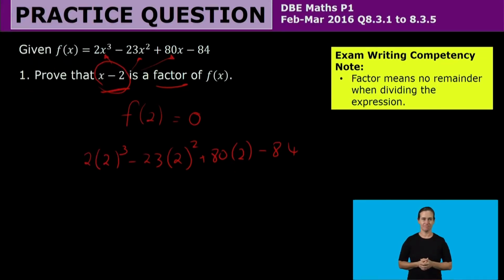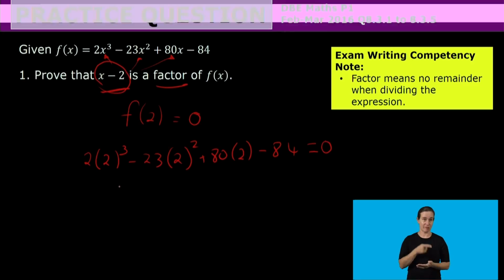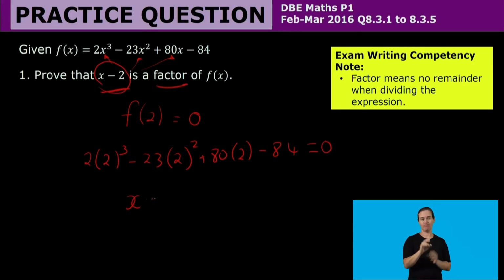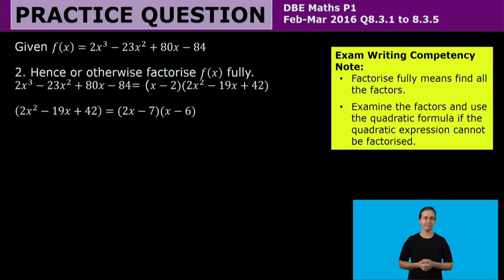So therefore, we know that since this is equal to 0, we can say that x minus 2 is a factor of f of x. Okay, so it's simply a one-step process. You find f of 2, use your calculator, and then you've answered that question for full marks. Okay, then they say, again, like I was saying, it's a multi-level question.